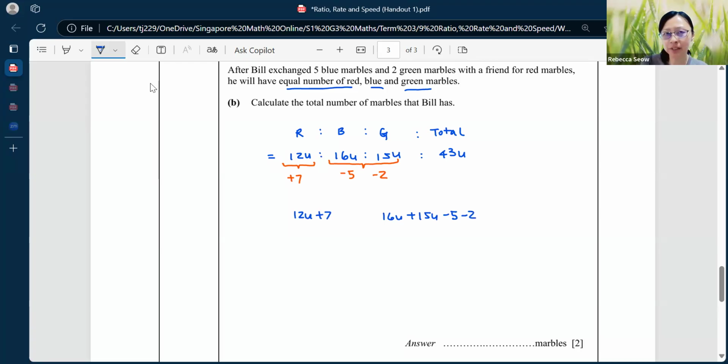But they're not equal yet. If the question says he will have equal number of red, blue, and green marbles, all of them having the same, if I were to lump green and blue marbles together, this would mean that green and blue marbles will be twice compared to the red marbles at the end of the day.